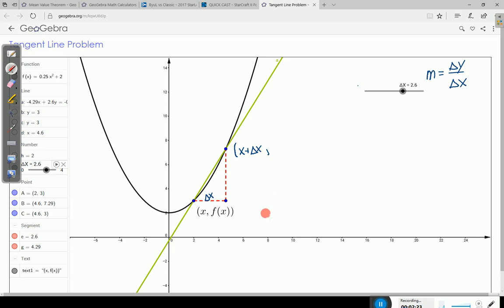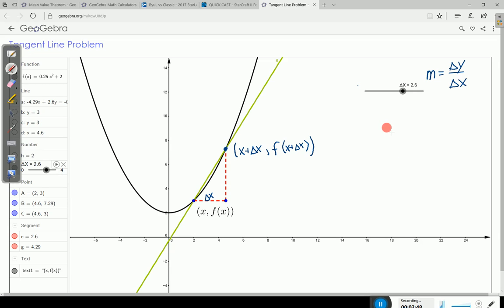And if that's the input, then our function output is f at x plus delta x. Whatever's in the x value goes into the function to give us the y value. And so we have our 2 points, and we are going to find the slope between those 2 points.